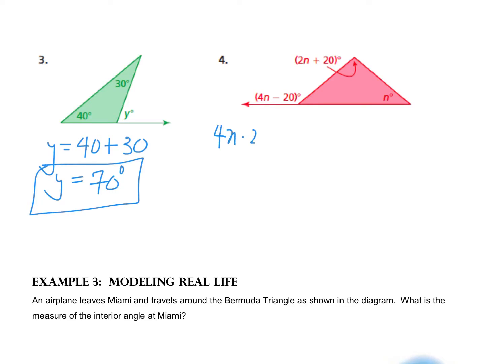4n minus 20 equals 2n plus 20 plus n, and then we combine like terms. So I'm going to say n's can be added with n's over here.